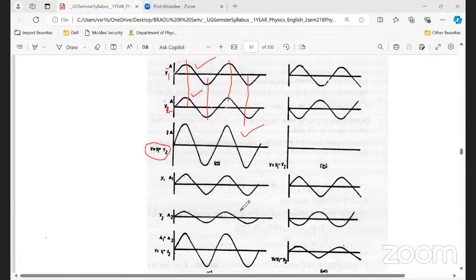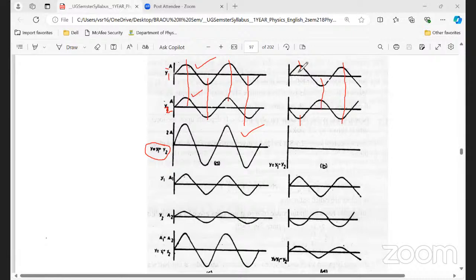When the amplitude is slightly changing here, that is also going to be observed. So these are out of phase, 180 degrees out of phase. This is a negative, meaning a cos wave.